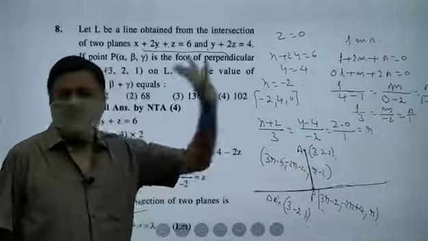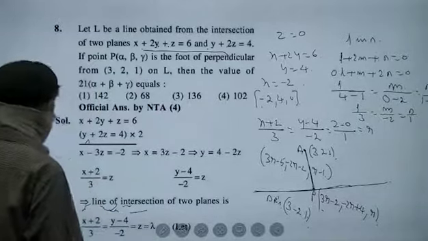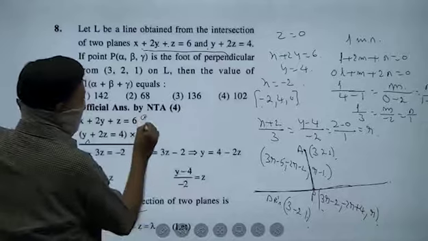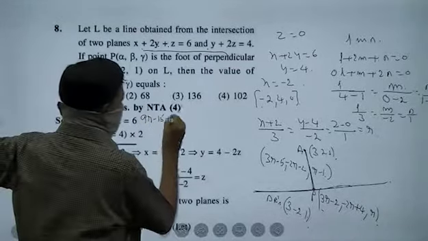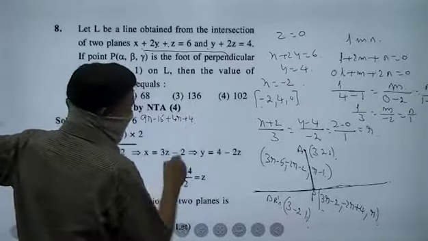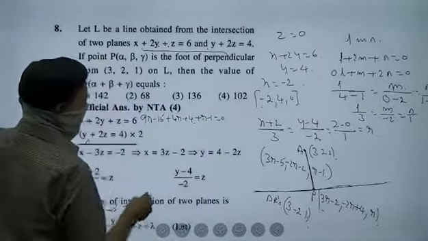These two are perpendicular. Therefore, l1 l2 plus m1 m2 plus n1 n2 is 0. If you put, you will get 9r minus 15 plus 4r plus 4 plus r minus 1 equals 0.